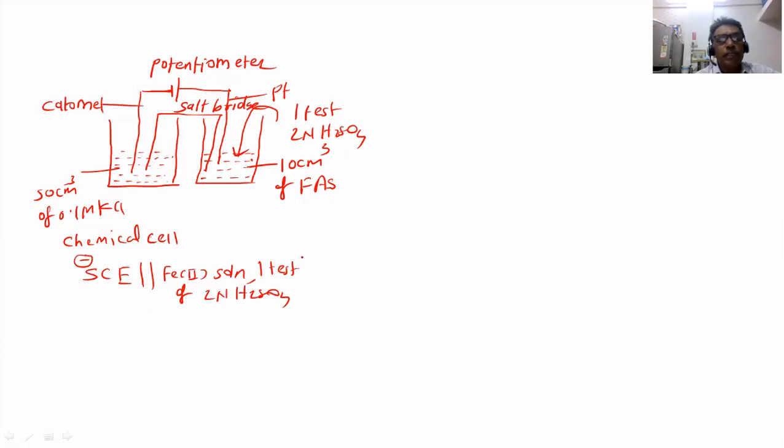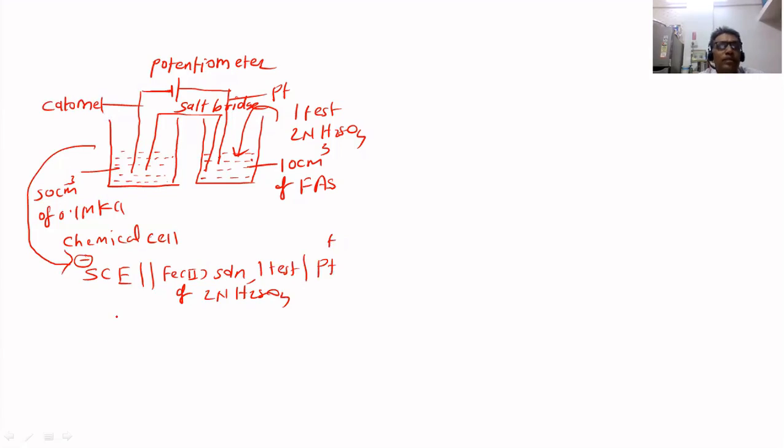Then the platinum electrode is dipped into this solution and connected to the positive terminal. So this is the chemical representation of the cell.